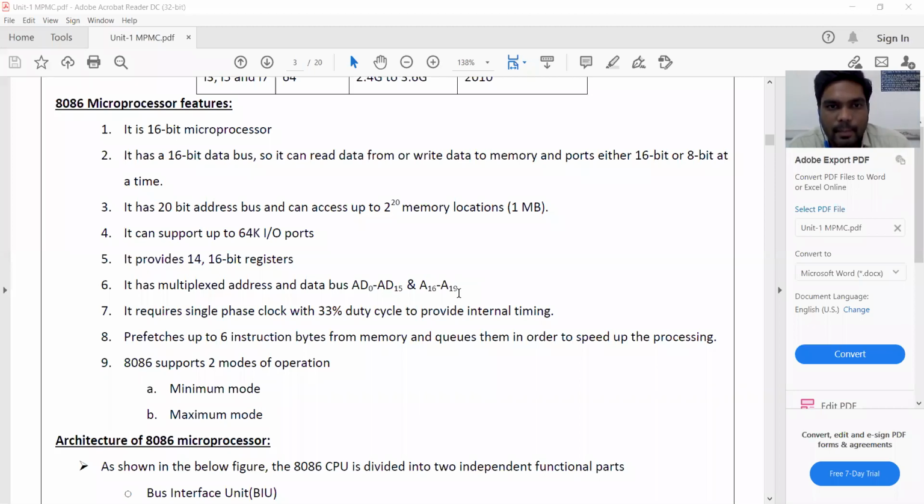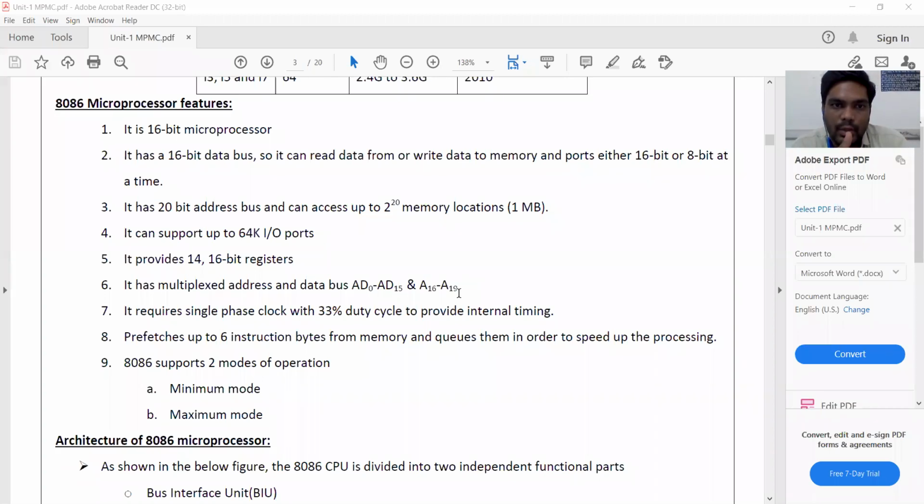But here, in order to reduce the size of the microprocessor, we have address lines and data lines multiplexed. Multiplex means combined. A multiplexer is one which combines several inputs and gives you only a single output. That is what is called a multiplexer in your digital logic theory, right?